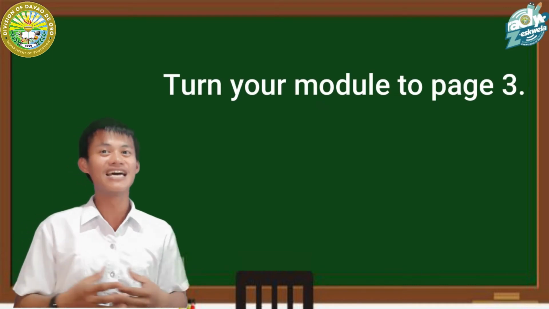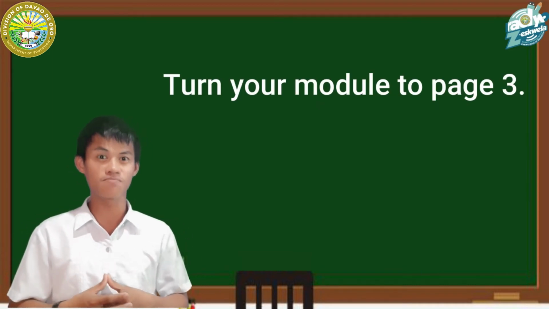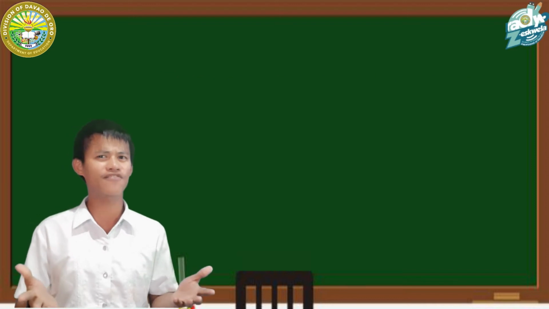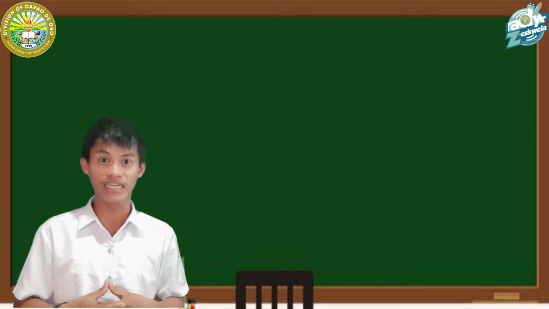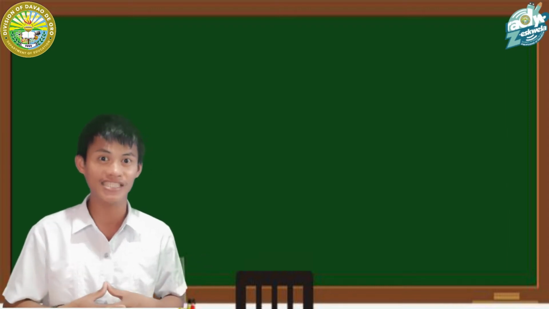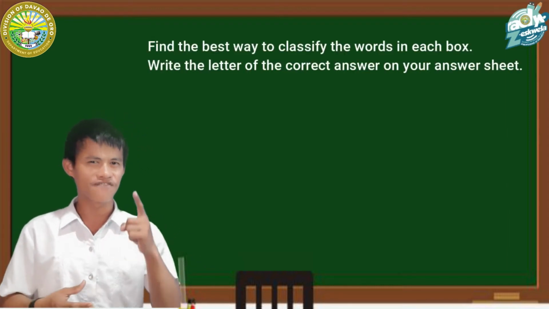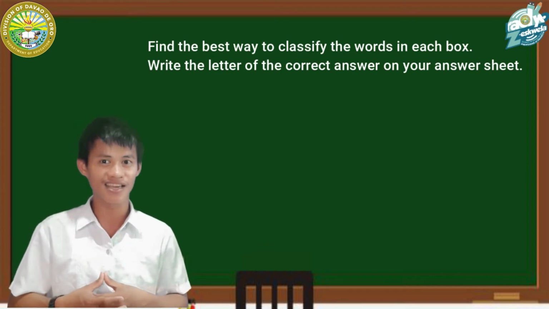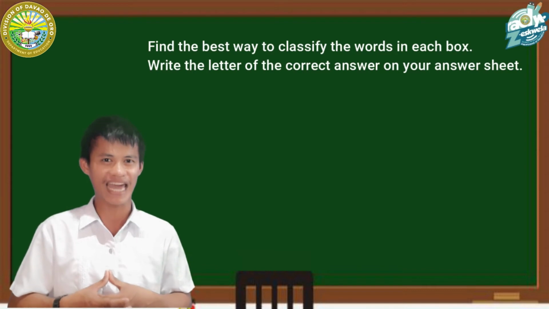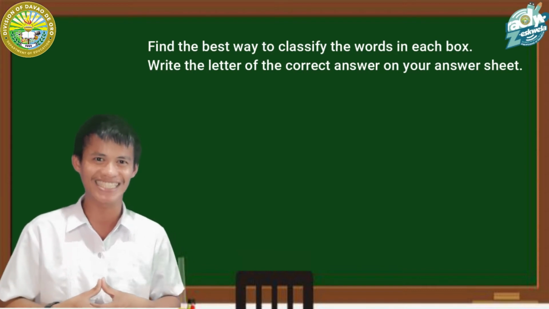And now, turn to page 3 of your module. Let's have this activity to test your understanding of word classification in your past lesson. Find the best way to classify the words in each box. Write the letter of the correct answer on your answer sheet.